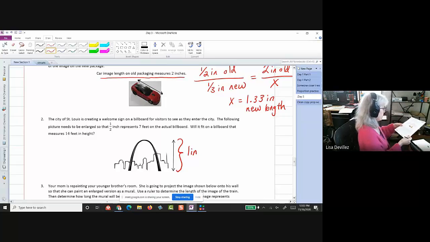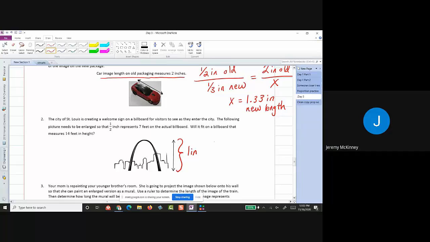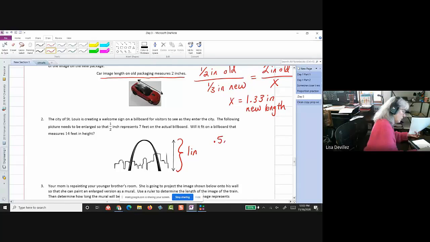I probably need to give you guys the ones where you're measuring the drawing. What did you get on number 2, Jeremy? 0.5 inch on the drawing represents 7 feet on the billboard.